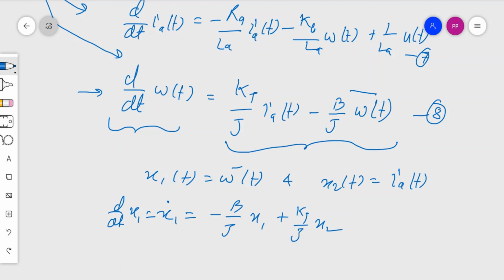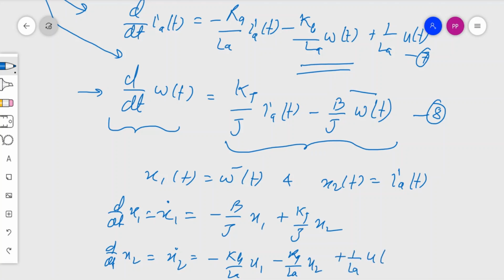Then the other equation, d by dt of x2 equals x2 dot equals, this term is the x1 part, so I write minus Kb by La x1, then minus Ra by La x2, and plus 1 by La u(t).